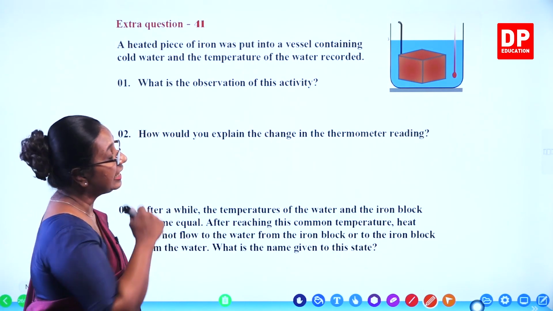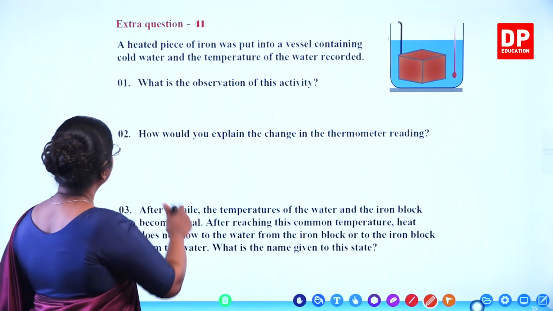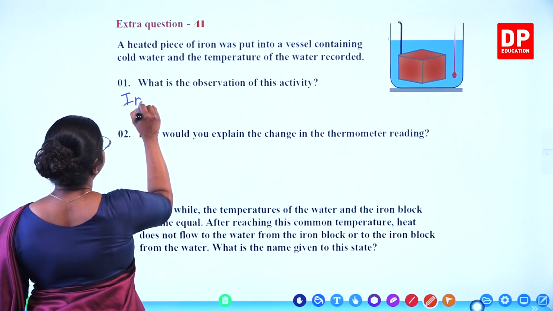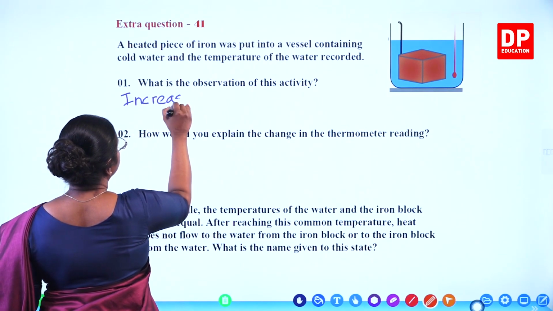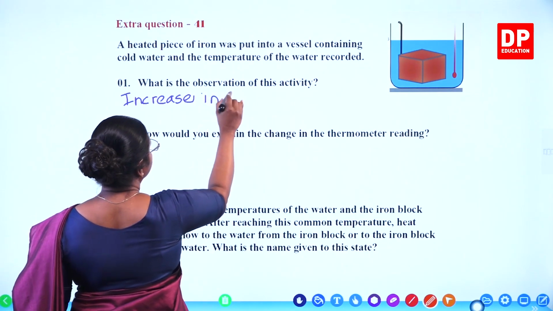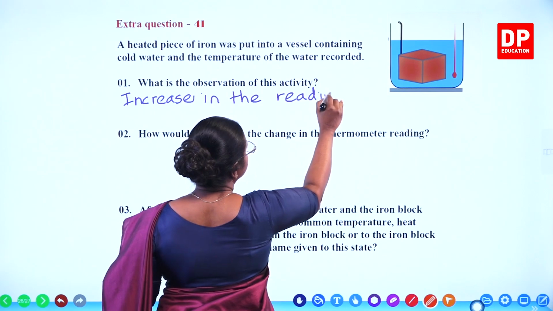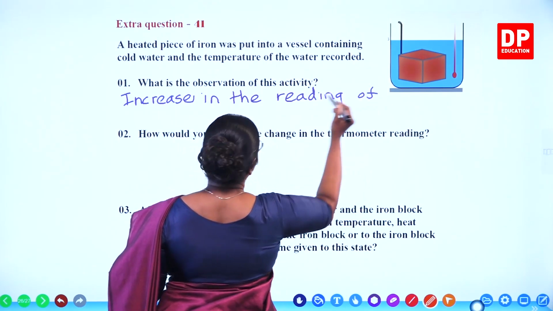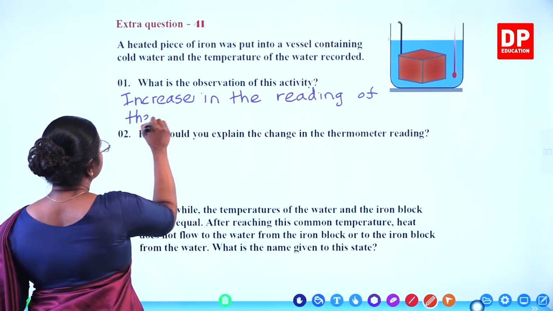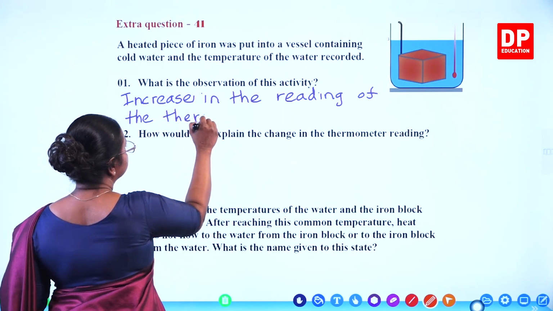What will you see? Increase in the reading of the thermometer.